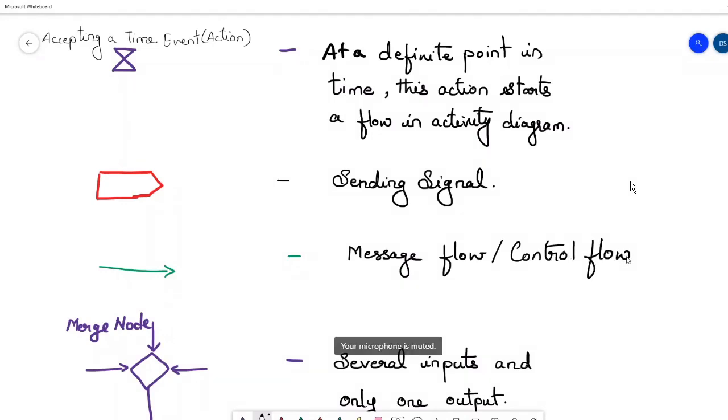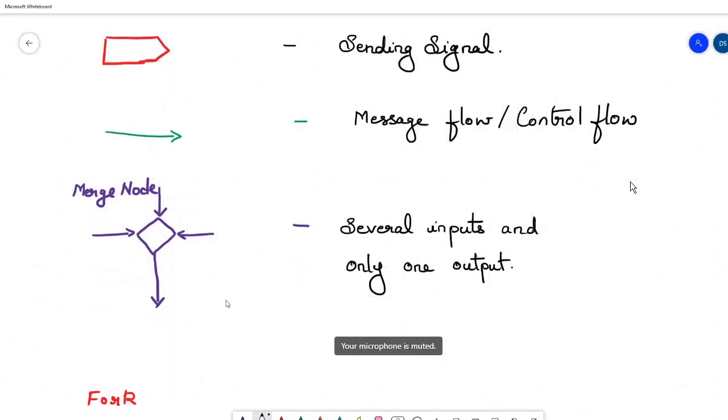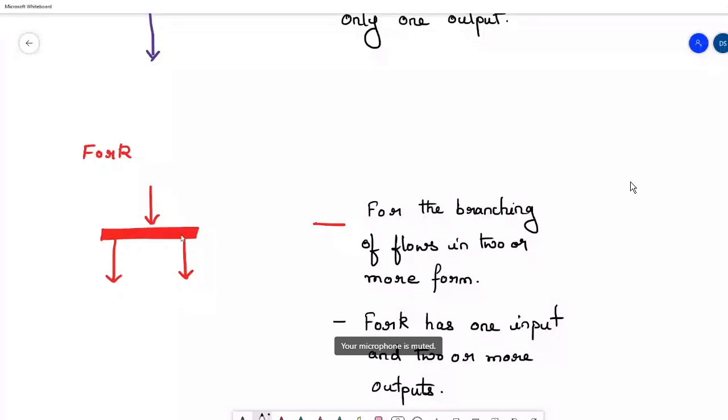Which represents how the activities happen or occur in that particular diagram, what the reason for occurrence is, and how they proceed further. Okay, this is the merge node where several inputs and only one output is there. Merge, everything is coming and merged in this. Fork, a horizontal solid rectangle with single input and multiple outputs.